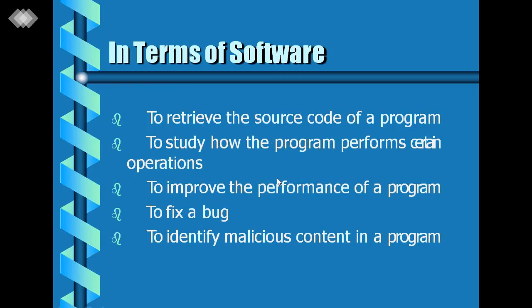In terms of software, it is used to retrieve the source code of a program, to study how the program performs certain operations, to improve the performance of a program, to fix bugs, which are related to errors and faults, and last, to identify malicious content in a program.